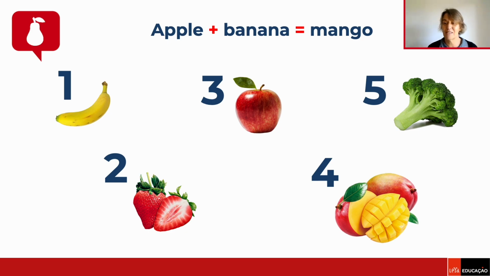And of course I can do other things. Let's be really challenging: broccoli minus apple equals strawberry, and so on. So we can think of lots of different possibilities here. The teacher can model this, and then the children can come up with their own sums.